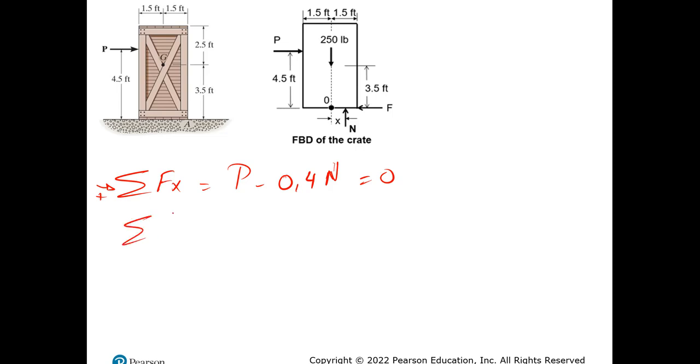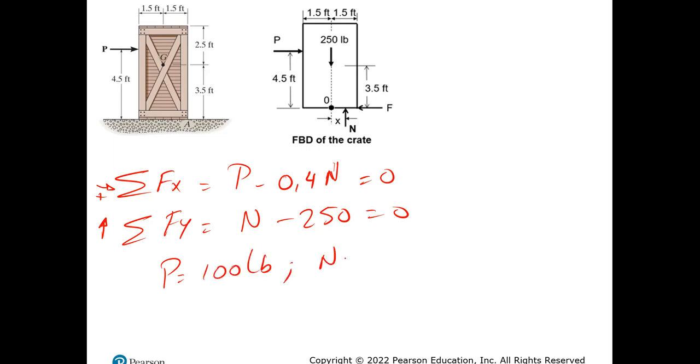And then sum of forces in the y direction will be equal to normal minus 250 equals 0. That looks pretty simple. So with this, solving the equations, I will get that P is equal to 100 pounds, and then the normal force will be equal to 250 pounds.